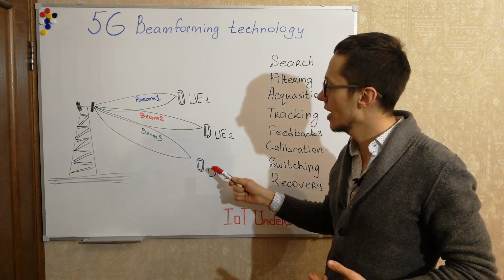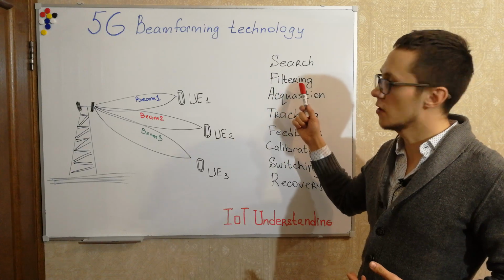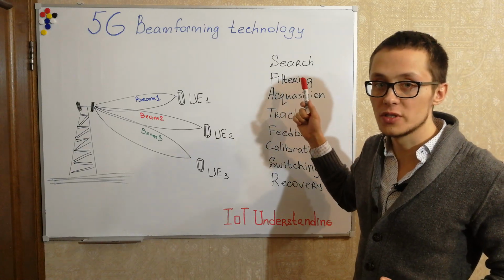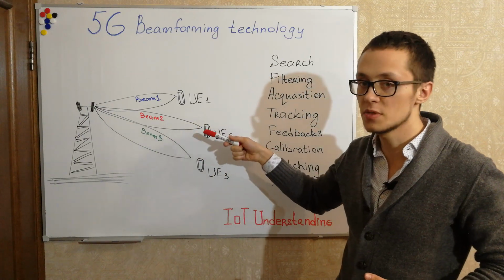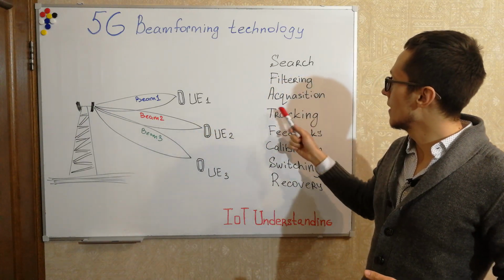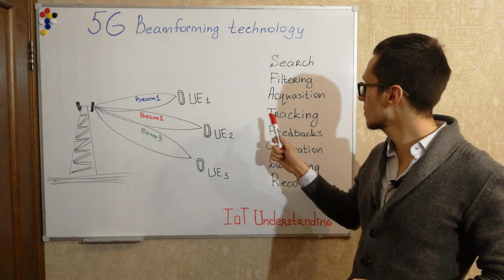The UE has to know how to find a beam, how to filter measurement results in a specific way for particular beams, to perform acquisition of the beam and getting access to the network.